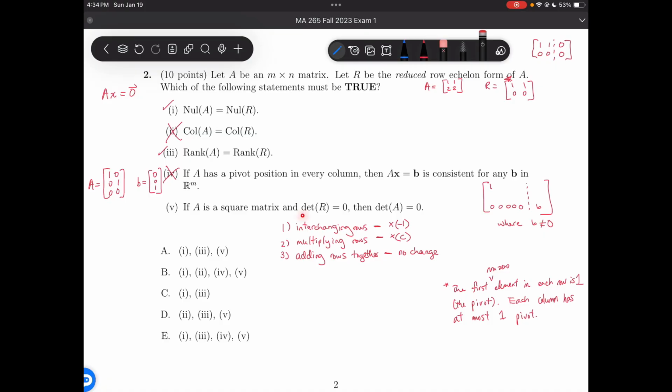So that means that, yes, the determinant of R would also be 0, because, like I said, multiplying by -1 or some constant C has no impact on the determinant of 0. So that means statement 5 is true as well, and that means that our answer is A.